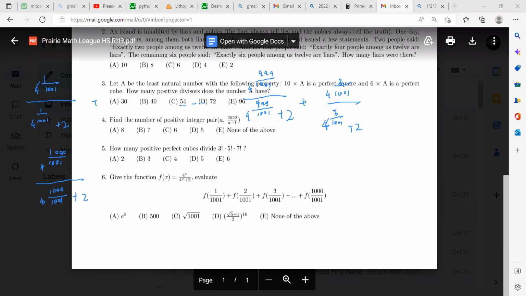We can rewrite 1000 as 1001 minus 1. And instead of writing 999 here, we want to do 1001 minus 2, because 2 is the number we want here. Hopefully something will cancel out.